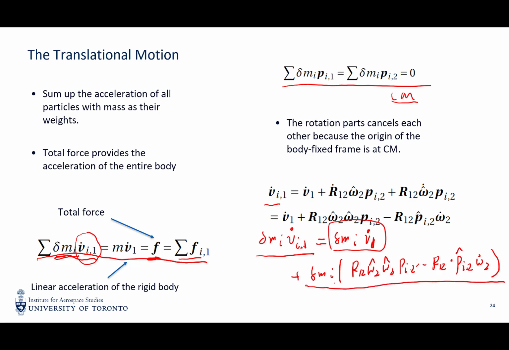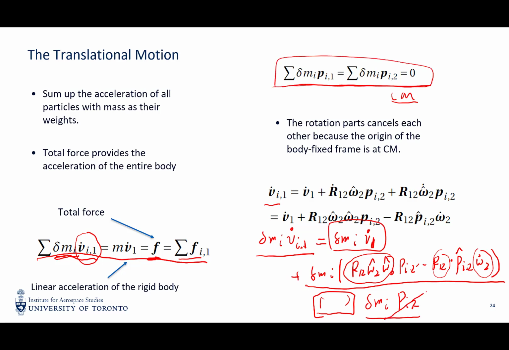But then you will notice that these residual terms are all the same, and it's only a summation of some product matrices times delta mi times pi2. Because we say that the body fixed frame is located at the center of mass, we have this relation of summation.